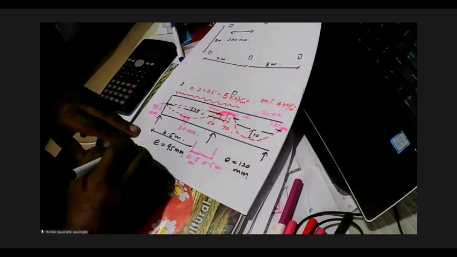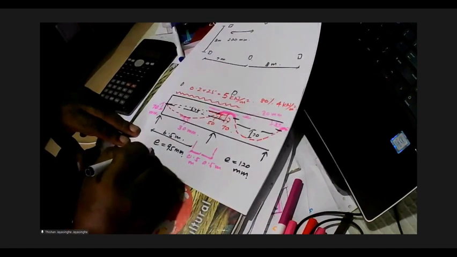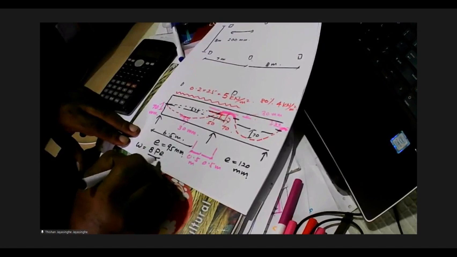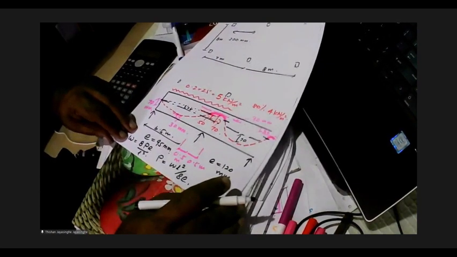Now, what we want? W equals 8 P E over L squared. So P is equal to W L squared over 8 E. So let's find the pre-stressing force P over 1 meter width.